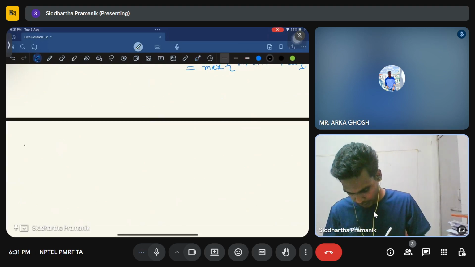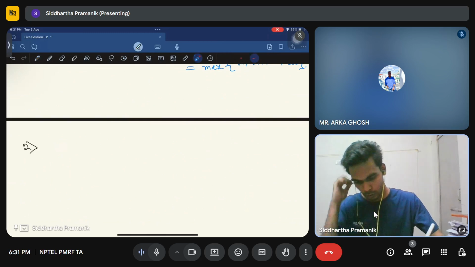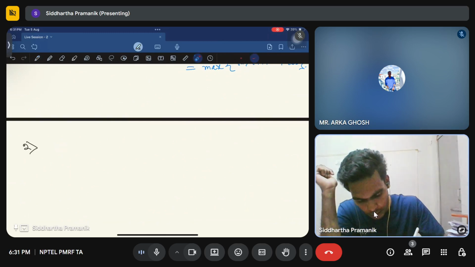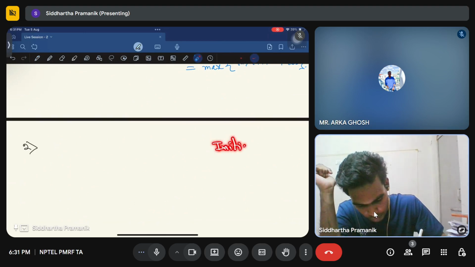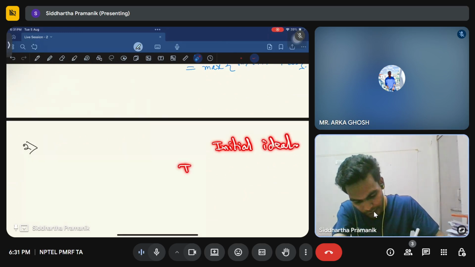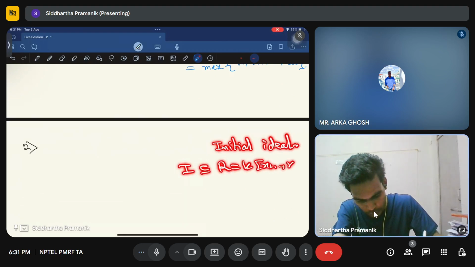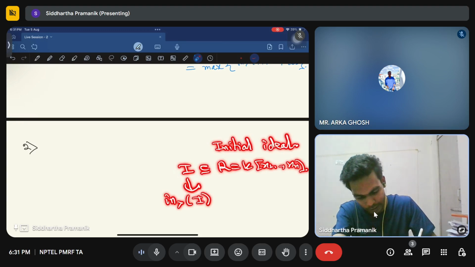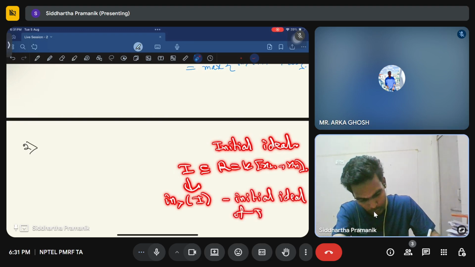Okay, so the second problem. We have defined the initial ideal of an ideal. So let's recall the definition first. If we take an ideal I of R, which is the polynomial ring, then from I we can get a monomial ideal, which we call the initial ideal of I. So how do we get this monomial ideal from I?